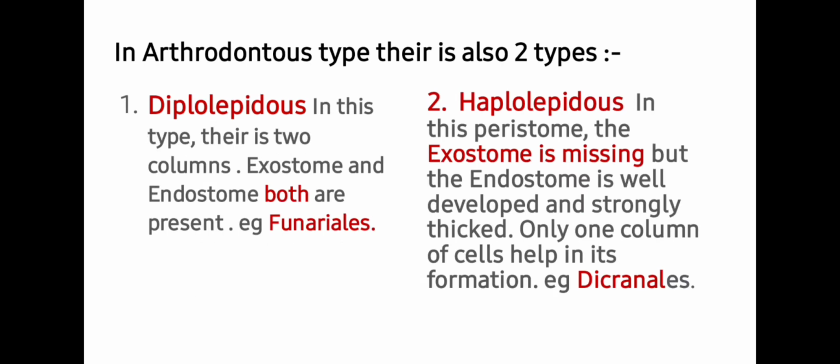So students, you can easily differentiate the orthodontous types, that is diplolepidous and haplolepidous, as in diplolepidous there are 2 columns as its name indicates, that is exostome and endostome. Both are present there, and an example is Funariales. While in haplolepidous the exostome is missing but the endostome is well developed and strongly thickened. Only 1 column of cells helps in its formation, and an example is Dicranales.